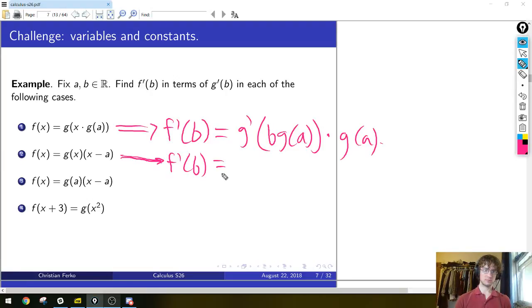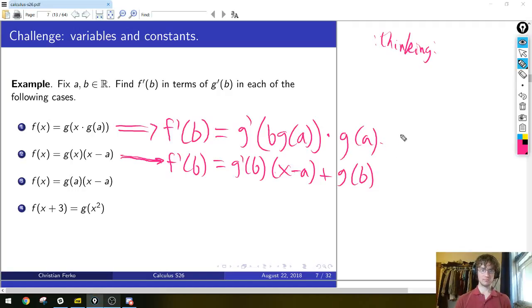So this is going to be g prime of b times x minus a plus g of b times, thinking, times 1 minus a.